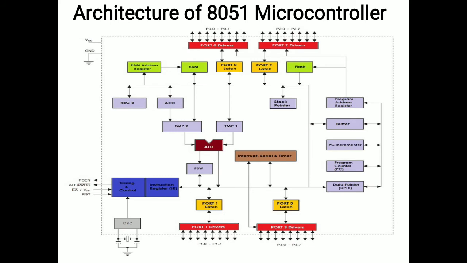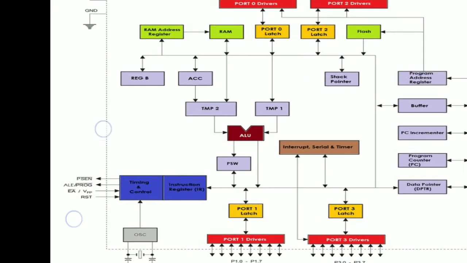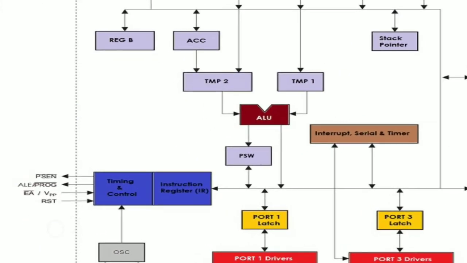So some control signals, if we are zooming in on this: program store enable, address latch enable, and access, that is, external program memory or data memory access enable is done with the help of EA bar, and the last one is the reset signal.